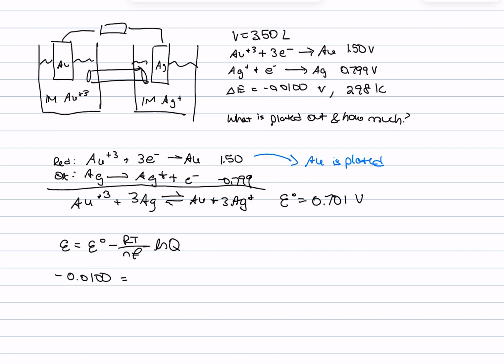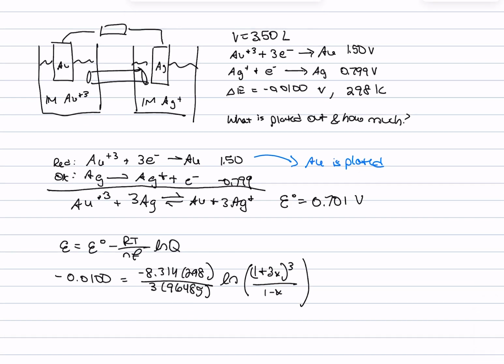So for Au plus 3 Ag+ goes to Au3+ plus 3 Ag, we know that Ag and Au are solid, so we discount those. And we have a starting concentration of 1 molar for both. And then based on the coefficients, we subtract x and add 3x. And so we have 1 minus x and 1 plus 3x.